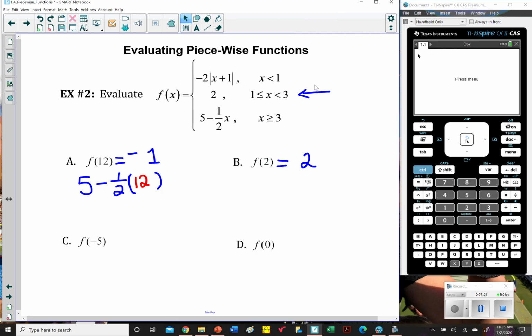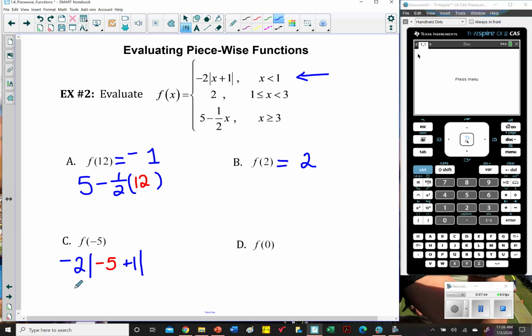On part C, the f of -5 would fit this subdomain, and the function would be -2 times the absolute value of x plus 1. So I'm just substituting my x value into the equation. That looks like the absolute value of -4.